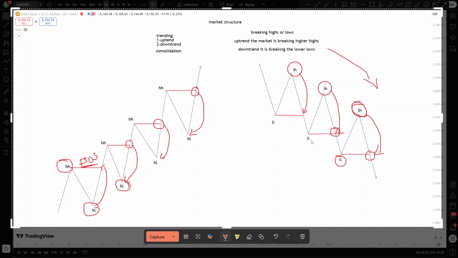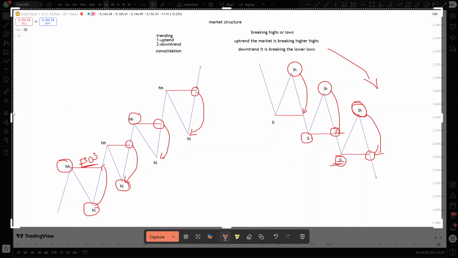Whenever the market gives you a breakout of the lower low or the higher high, which means whenever you see this, you are having a break of structure, every time you see the break of the higher high or the lower low.